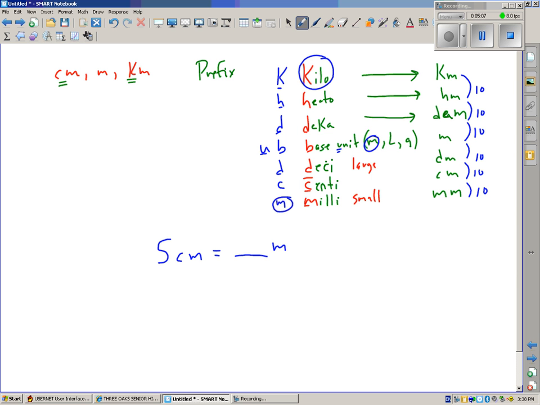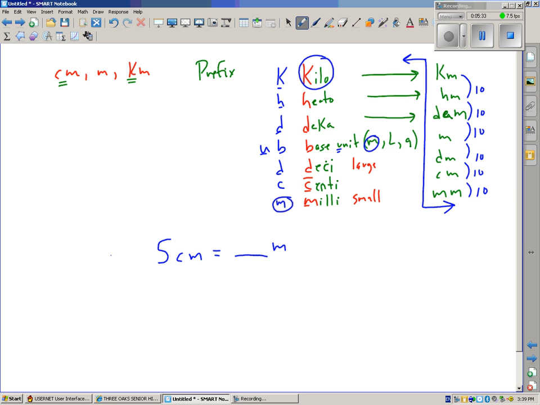Well, there's a way to know: you would move the decimal. And it's really easy. This is what makes the metric system so easy: you move the decimal going up and down the ladder. There's one thing to remember: if it's down and to the right, that's a way to remember that you move the decimal to the right. And if you go up, then it's the opposite way, to the left.